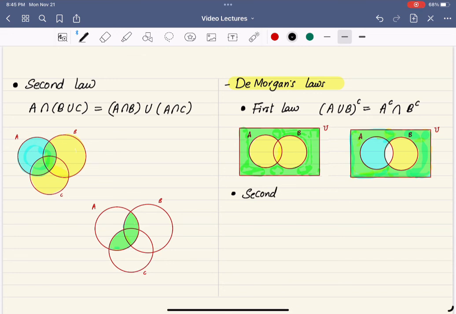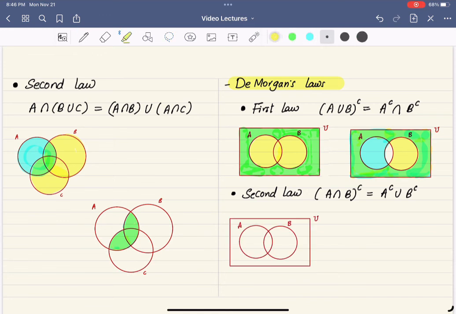Second law, which states that if you want to take the complement of A intersection B, then the complement again goes to A, B. You consider A complement, B complement, then this intersection gets converted to union right here.